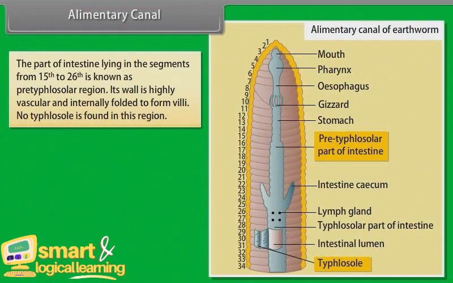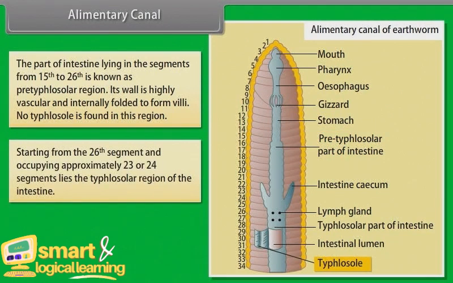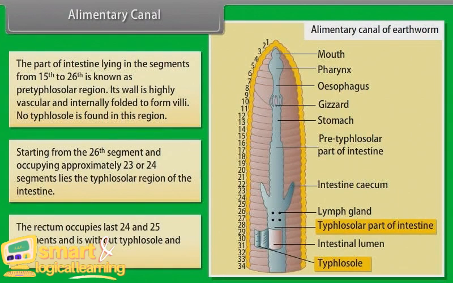No typhlosole is found in this region. Starting from the 26th segment and occupying approximately 23 or 24 segments lies the typhlosolar region of the intestine. The rectum occupies the last 24 and 25 segments and is without typhlosole and villi.